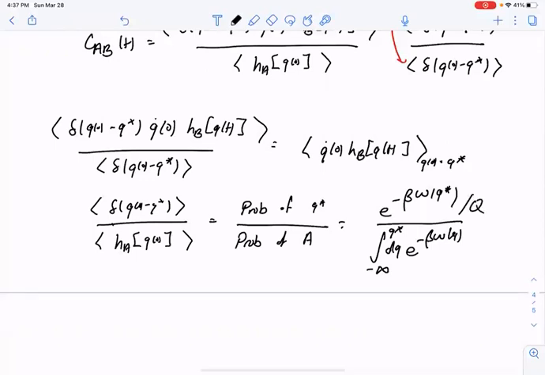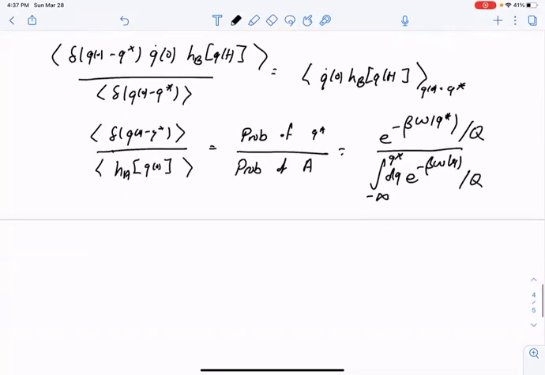These both have normalization constants, but those cancel. And thus I can write this whole thing as some Boltzmann factor for getting up to Q star, divided by some measure, some quantification of the extent of that basin, which comes in through this volume element dq.